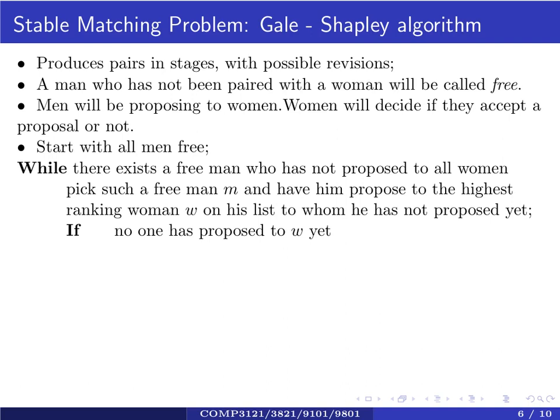If no one has proposed to W yet, she always accepts and a pair MW is formed.